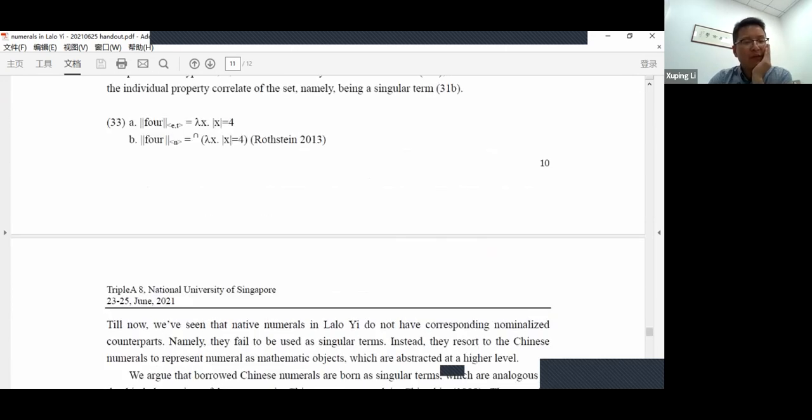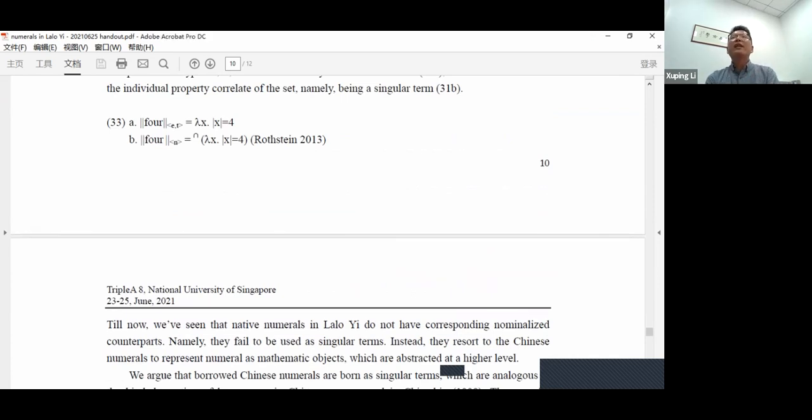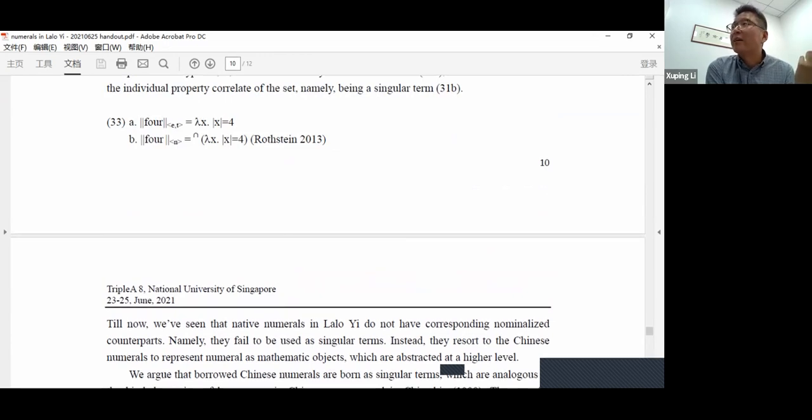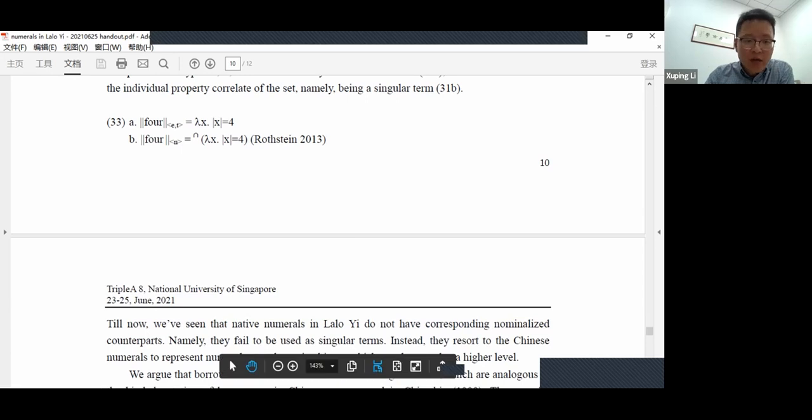The first fact I want to emphasize is that since they are not native numerals in Lalo, they don't really have the corresponding nominalized counterparts, right? They actually resort to the Chinese numerals as a compensating device. Okay, so it's lexically blocked. They cannot be nominalized to be singular terms for its native numerals.